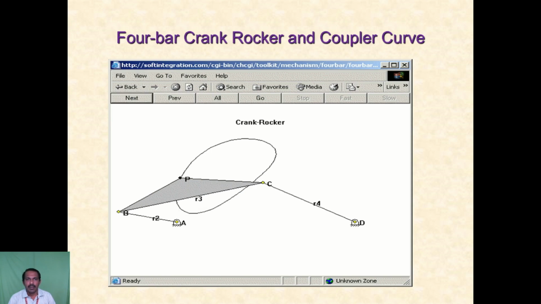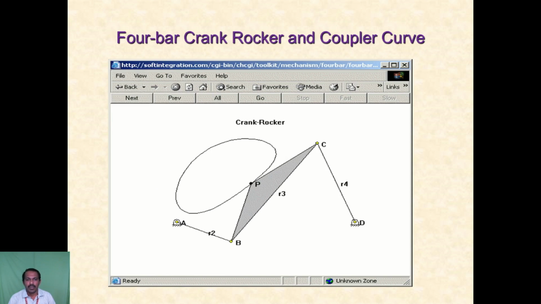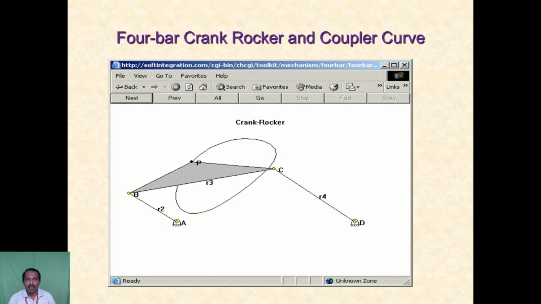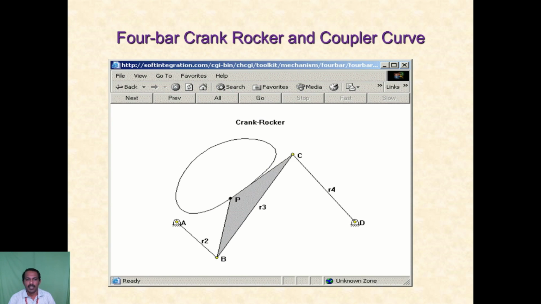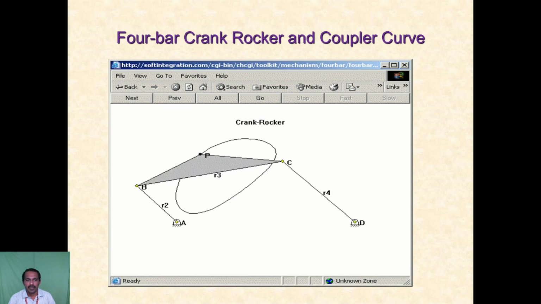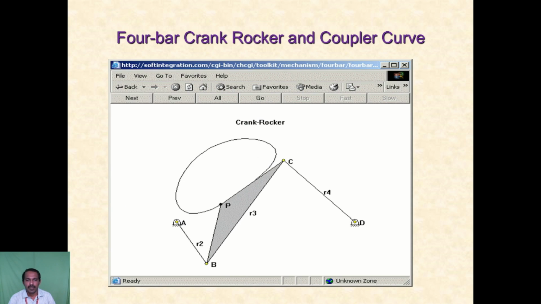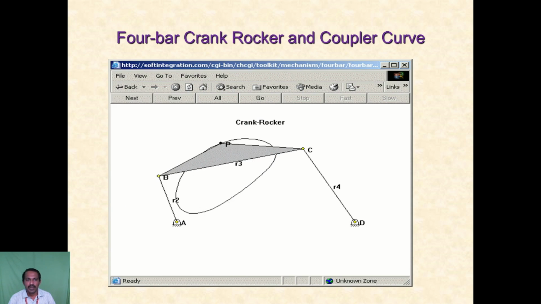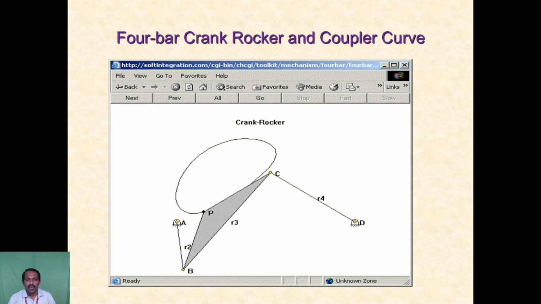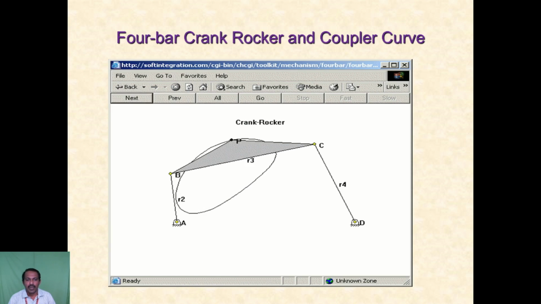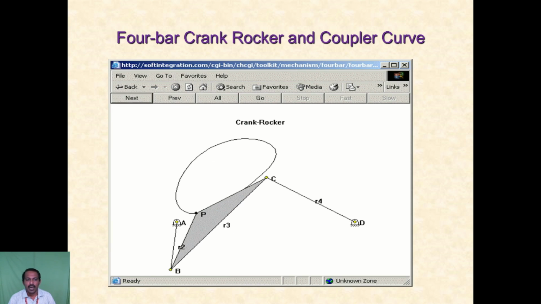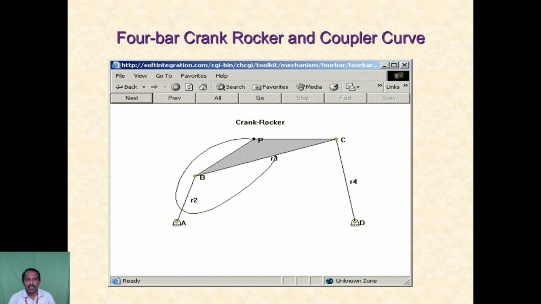The 4-bar crank rocker has a coupler curve. You see that crank rocker curve mechanism. It is a 4-link mechanism. There are 4 links: the frame is one link, and R1, R2, R3 are the other links. So there are 4 links. Here AB is a binary link and BC is a ternary link.